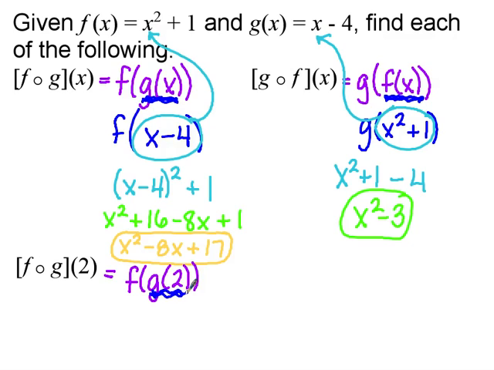Okay. So g of 2 up here means you're going to put 2 in here. Right? What is 2 minus 4? Negative 2.